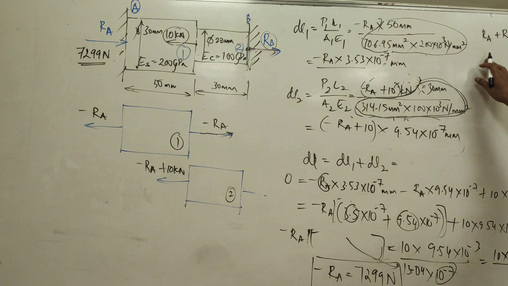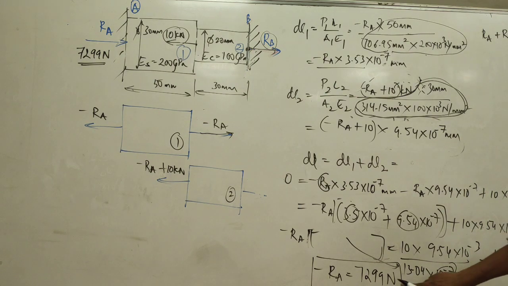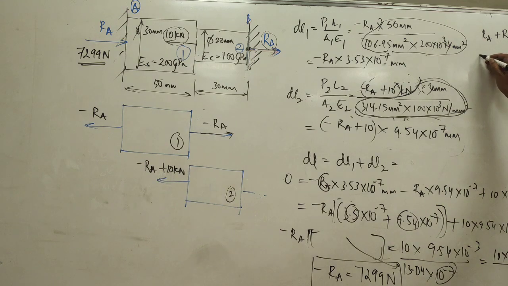Since you know RA, which is 7299 newtons, plus RB is equal to 10 kilonewton. So RB is equal to 2701 newtons.